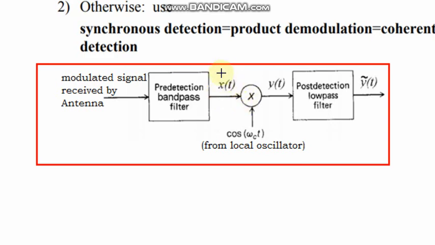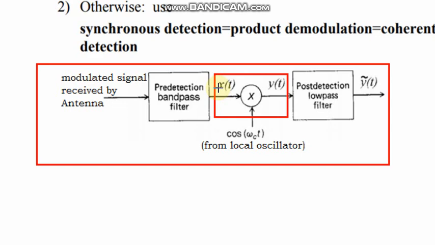Then the product demodulation concept comes here. Here this circle is the symbol of a multiplier. So x(t) is multiplied with a signal generated locally from a local oscillator, and this signal is cos ωct. As you know, ωc means 2πfc, and fc is the carrier frequency of the modulated signal x(t) also.